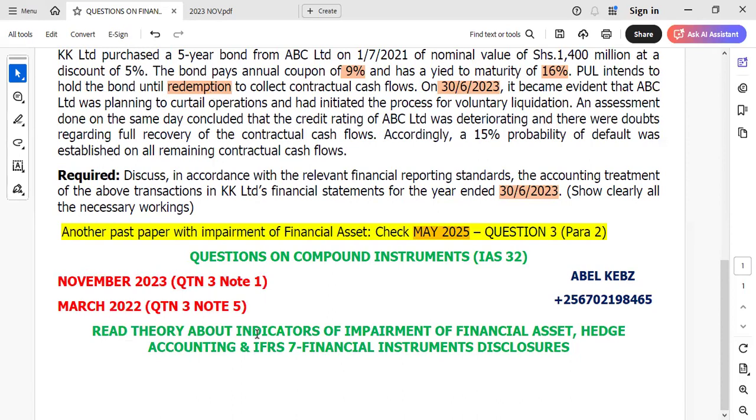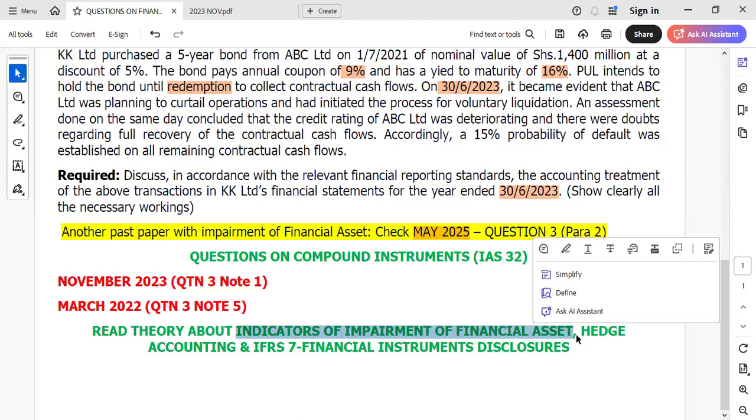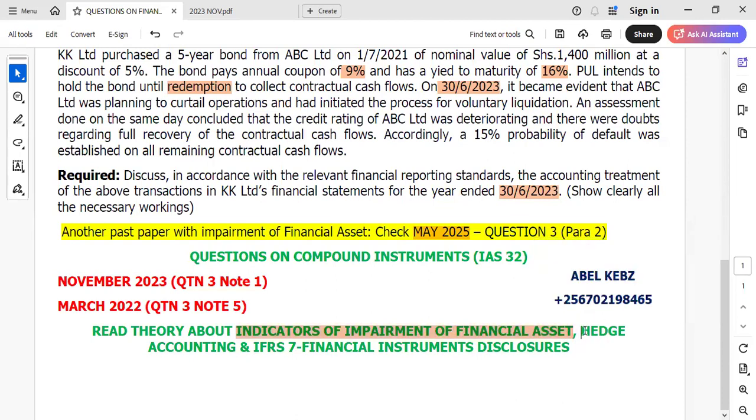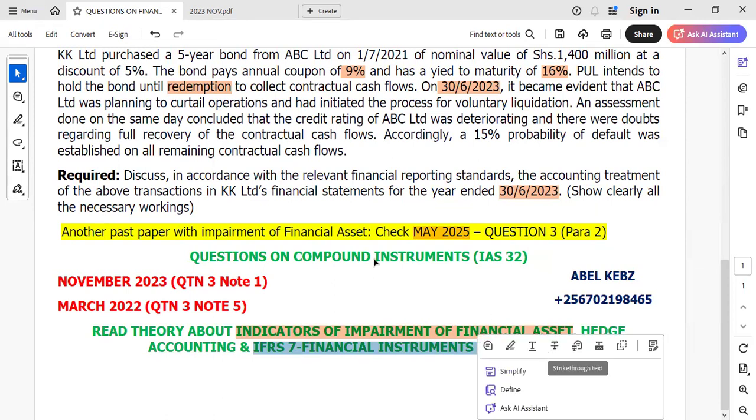Colleagues, you read the theory about this one. We have talked about the indicators of impairment. You read the theory about hedge accounting, types of hedges, conditions. Then you read the disclosures. What should you disclose?